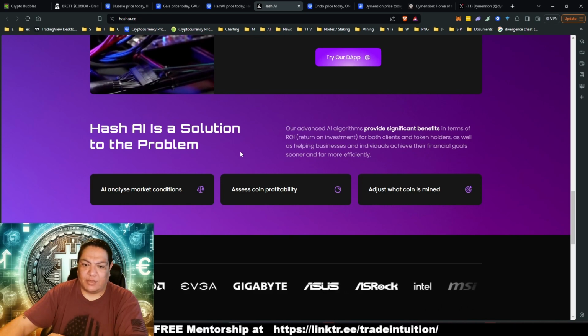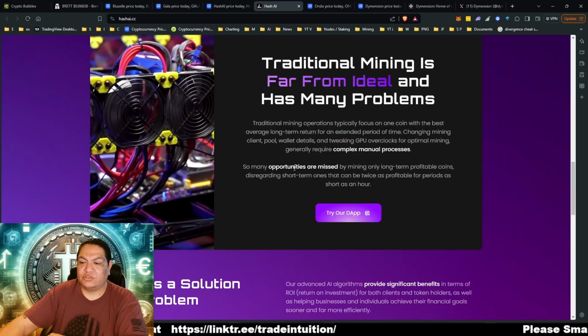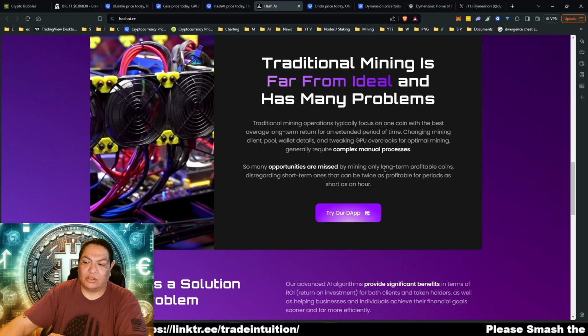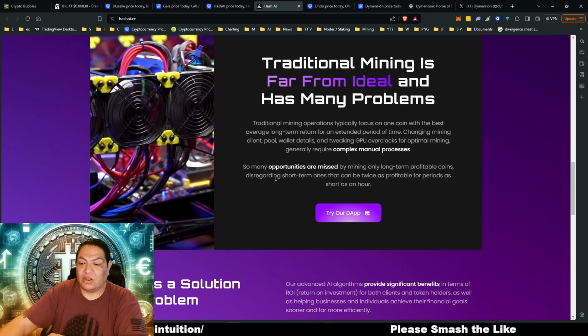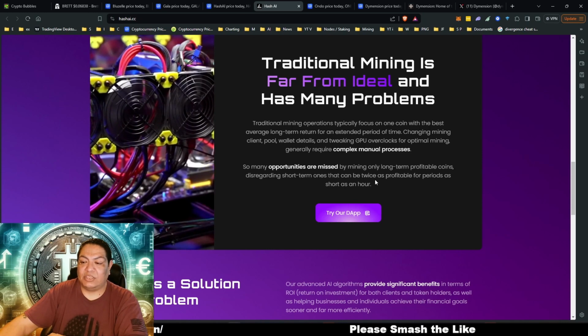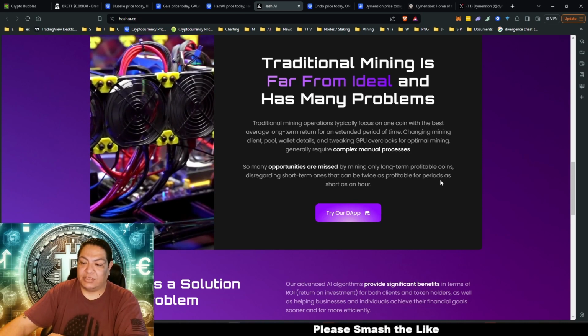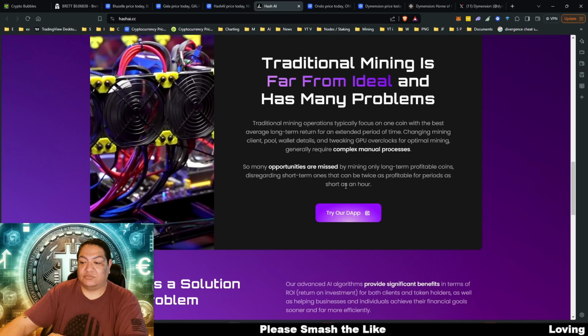So what was the problem that you're solving? So many opportunities are missed by mining only long-term profitable coins. Very true, very true. Disregarding short-term ones that can be twice as profitable for periods. Very true. As short as an hour.